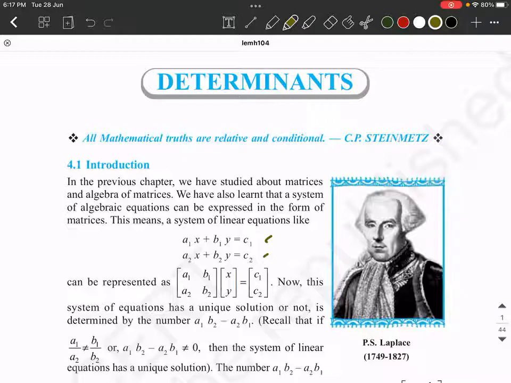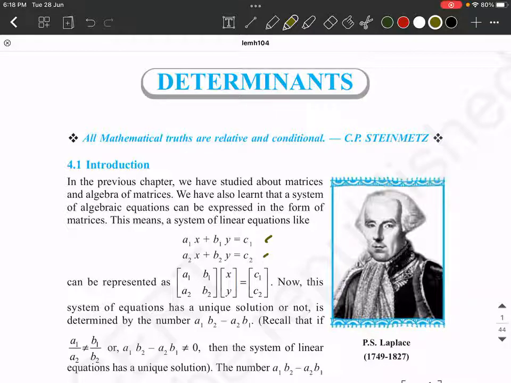What is the preliminary condition for matrix multiplication? The number of columns of the first matrix should be equal to the number of rows of the second matrix. If that doesn't happen, you forget about matrix multiplication. Secondly, what kind of operation are you doing? You multiply the rows with the corresponding columns.